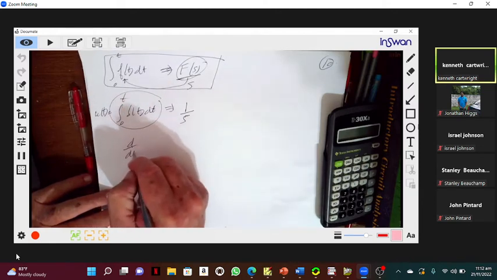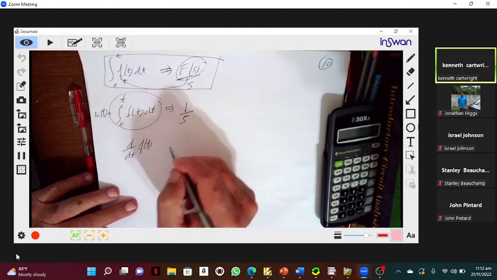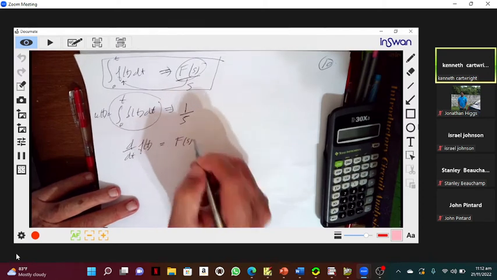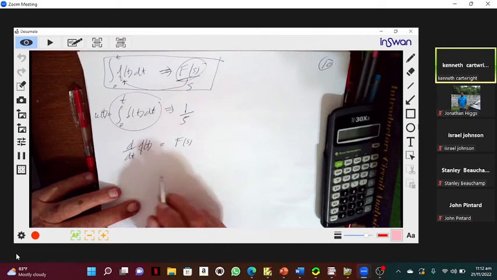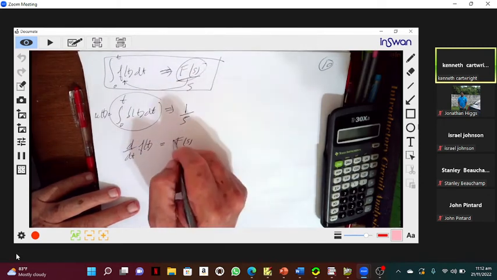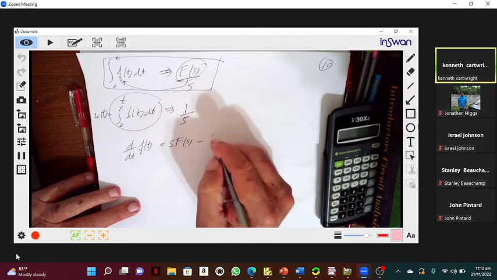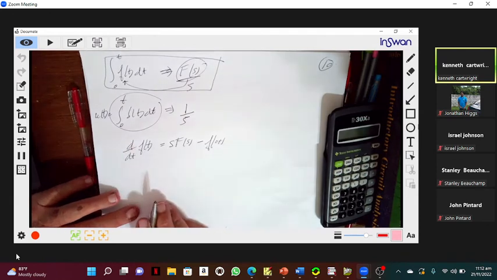Similarly, d/dt of f of t, the Laplace of that is again F of s, but not divided by s, multiplied by s. But we're not done yet. We have to subtract the initial value of the function in the time domain.